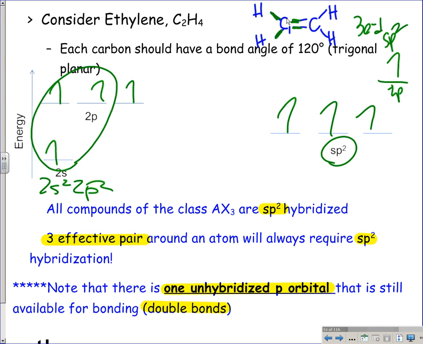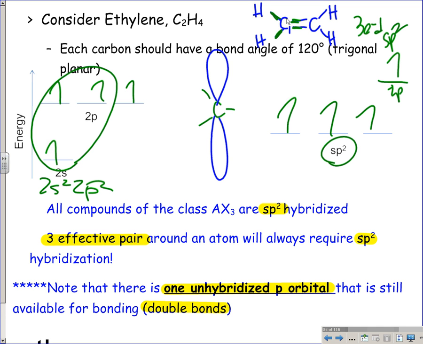Only unhybridized orbitals are allowed to form double and triple bonds. These are going to form single bond, single bond, and single bond. And then you're going to have this weird orbital that's not hybridized, that stretches up and down. Doesn't that look like a p orbital to you? These are dumbbells. This is going to allow for the double bond to form.